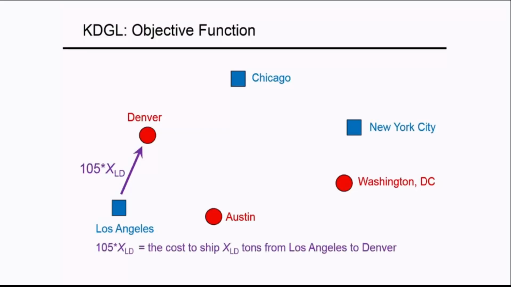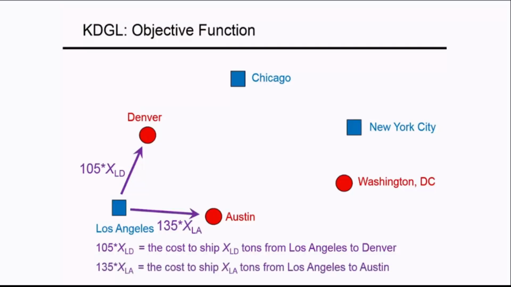And shipping XLA tons from Los Angeles to Austin creates a cost contribution of 135 times XLA. In the same way, shipping XLW tons from Los Angeles to Washington, D.C. creates a cost contribution of 153 times XLW.